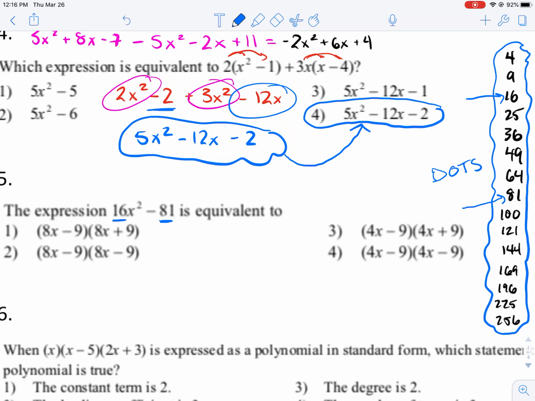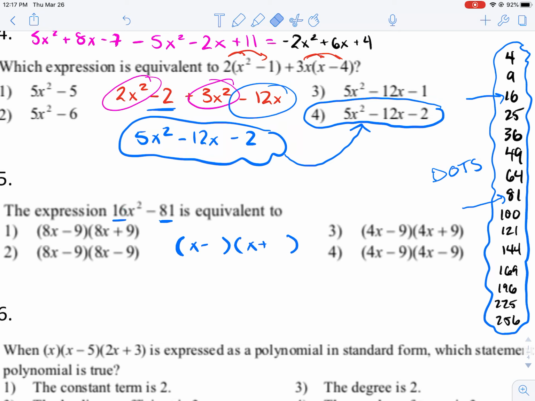Our job here is to split this up with a plus or minus in the middle. We have an x squared here, so let's start with that one. That means we're going to get an x on either side.